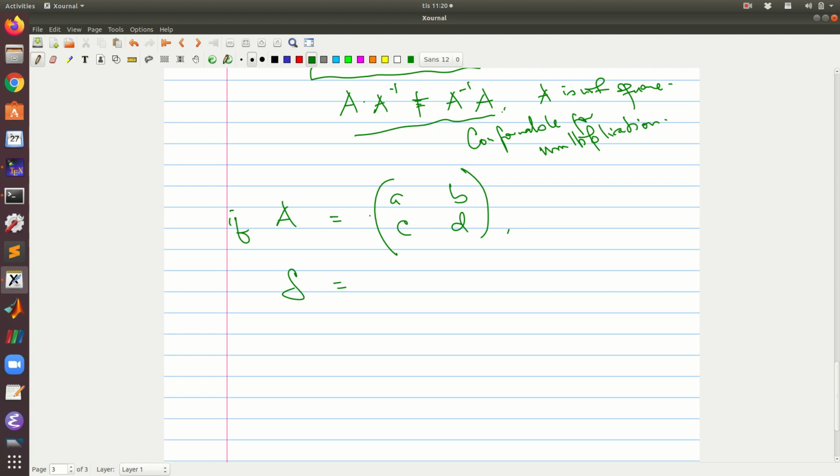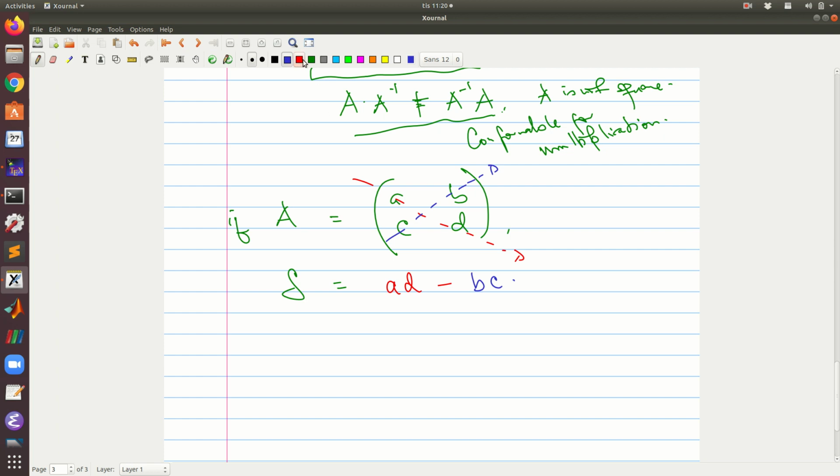We shall compute properties of the matrix, including determinants, later on. This delta is simply the product of the entries on the main diagonal, a times d, minus the product of the entries on the minor diagonal, b times c.